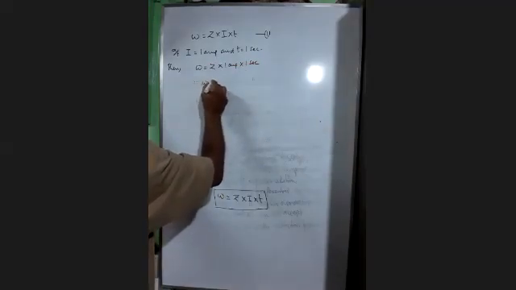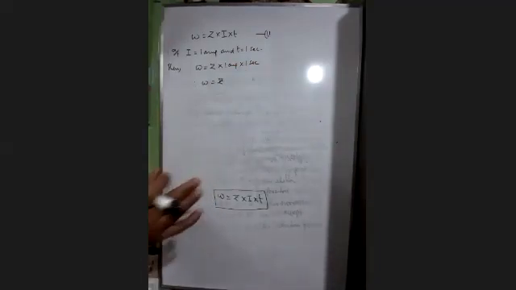Therefore, so let me write the definition of, this is the way we always try to find out the definition of a constant. So this is electrochemical equivalent.